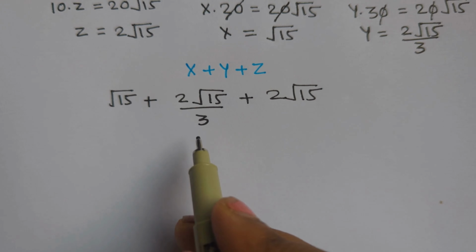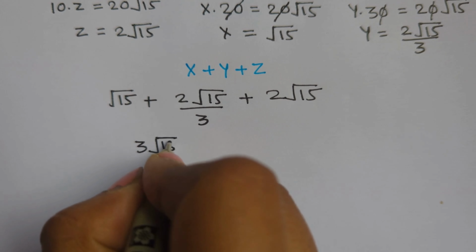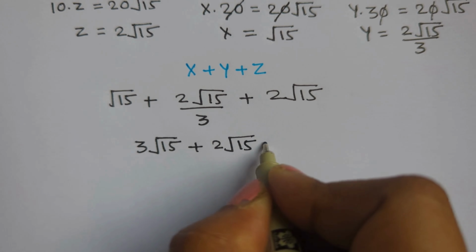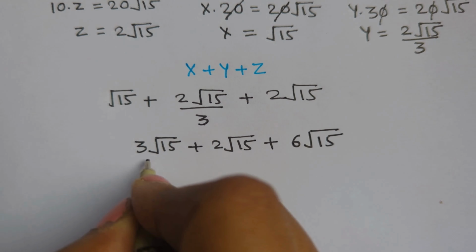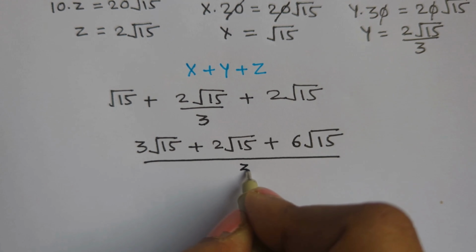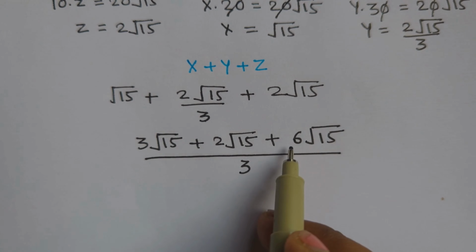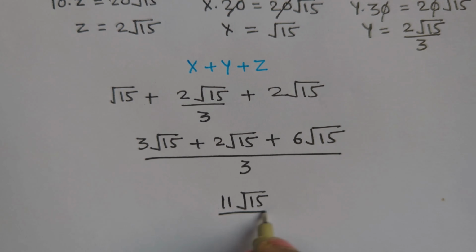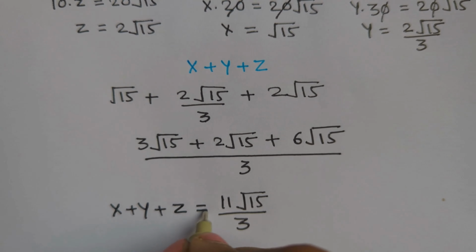Now to make the common denominator 3, we multiply the 3 with this. It should be 3 square root of 15 plus 2 square root of 15 as it is, plus 3 twos are 6 square root of 15, whole divided by 3. And it would be 3 plus 2 is 5, 5 and 6 are 11 square root of 15 divided by 3. So this is the value of x plus y plus z.